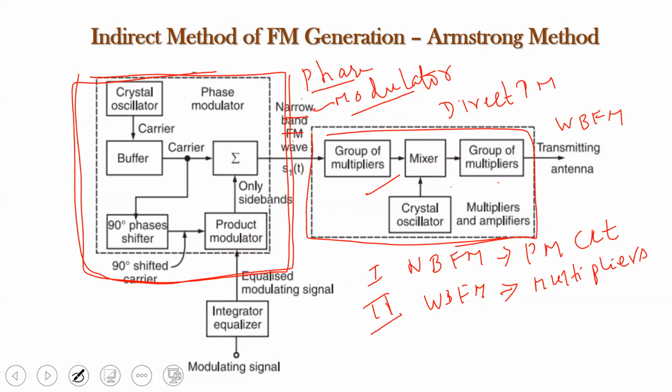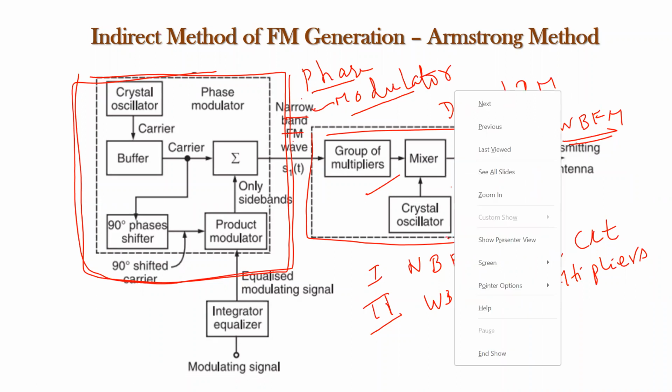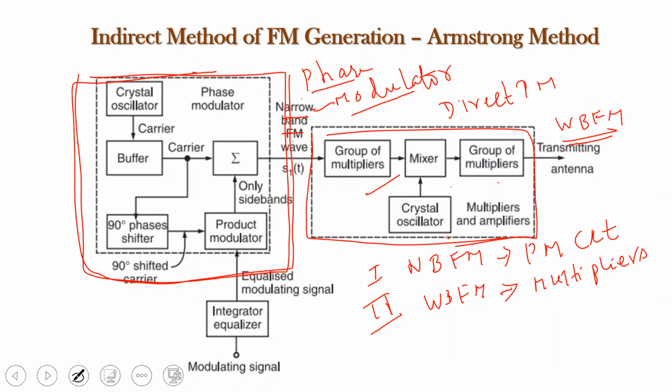And we are transforming this narrowband FM into a wideband FM by passing this signal through a sequence of multipliers. In 2 or 3 stages, we can increase the frequency by multiplying this NBFM's frequency with some other frequency generated by the crystal oscillator. Thereby, we can convert this narrowband FM into a wideband FM and we can transmit.